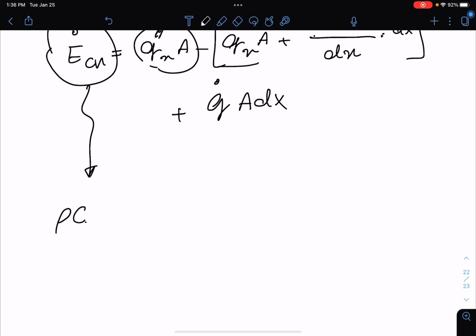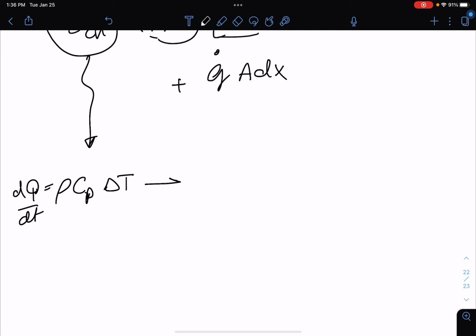So rho Cp delta T. That is the Q, but we are looking for the rate of change of this value. So dQ/dt. The only parameter that is changing here is T. So this becomes rho Cp dT/dt.